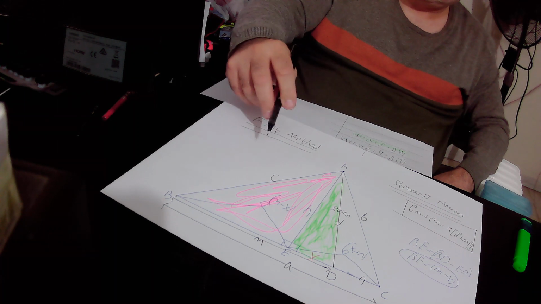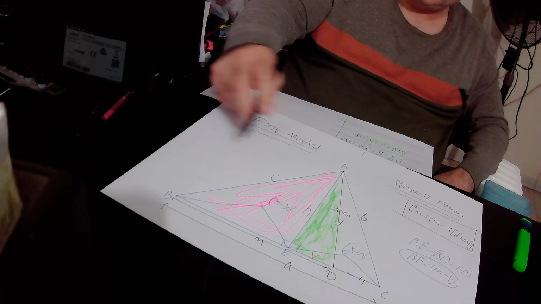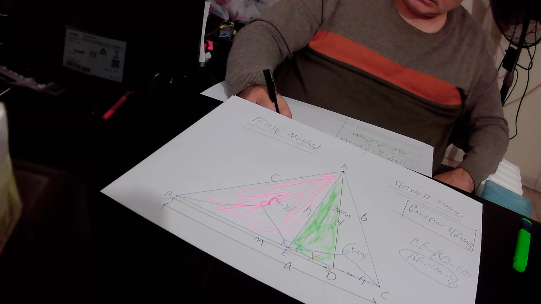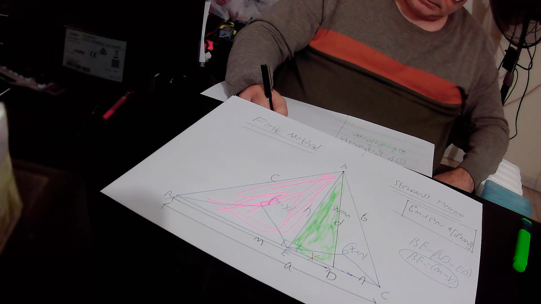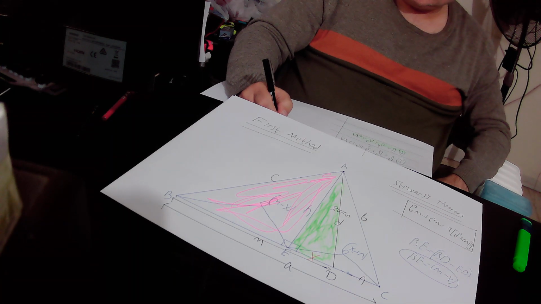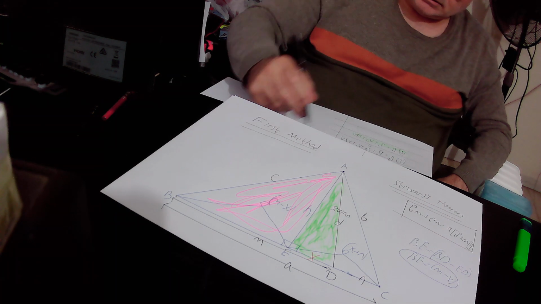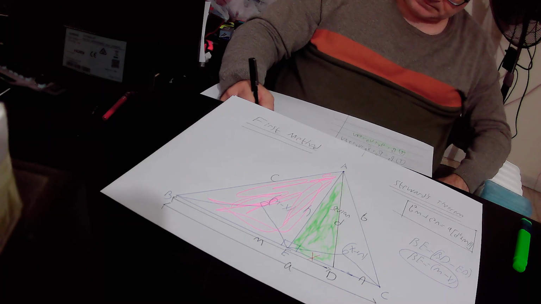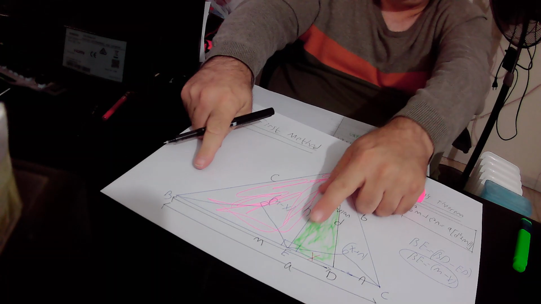The hypotenuse is AB, therefore the square of the hypotenuse is AB square, and it must be equal to AE square plus BE square.